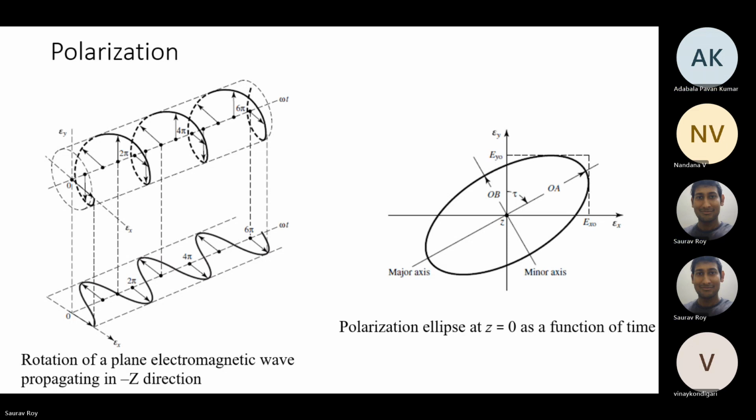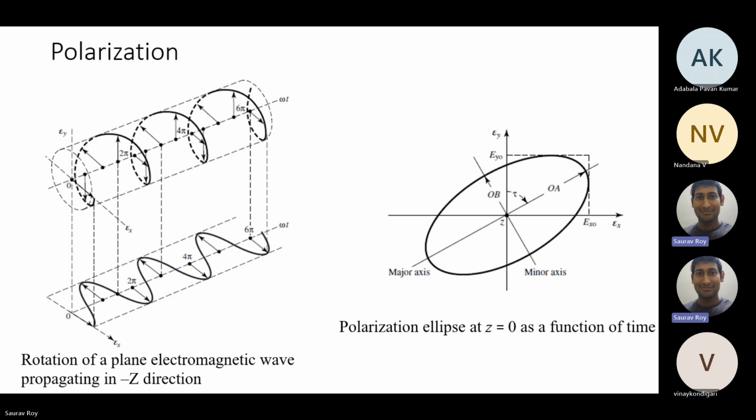He is showing a propagation of wave. Yeah, propagation of wave, that is okay, but why is it spiraling like that? You have to see there are three axes, right? First is EY, second is EX, and the third axis is omega t.